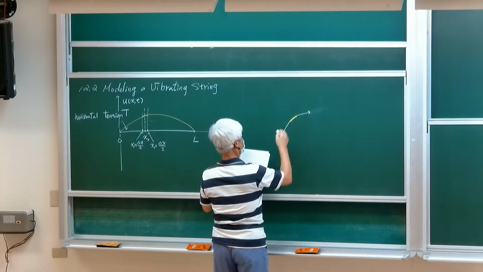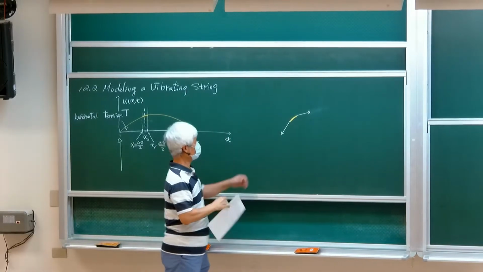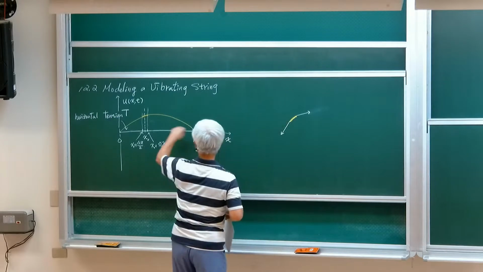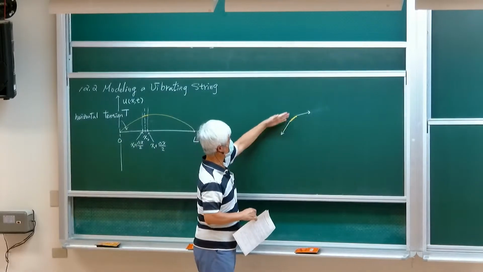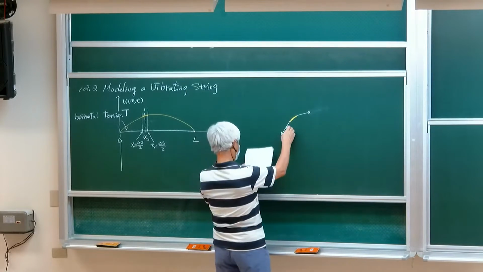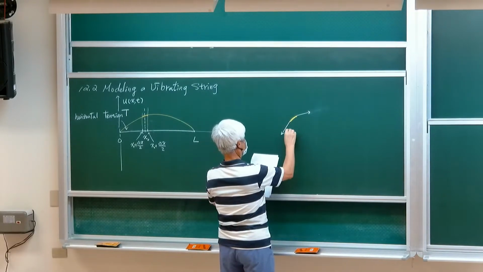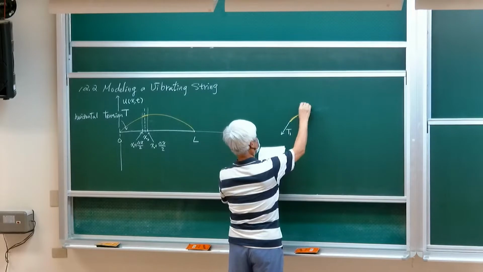Because tension will be at every point of the string, the tension will be in the tangential direction. This tension is called T1, and this is called T2.